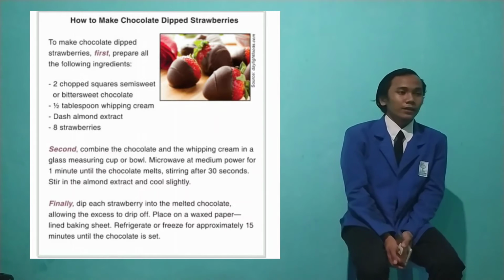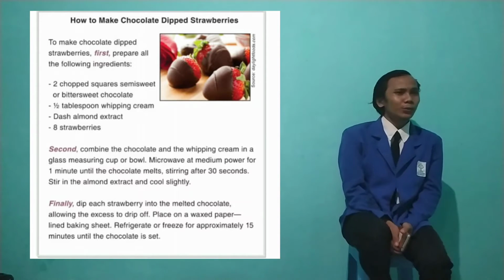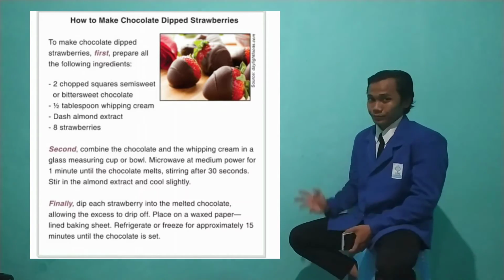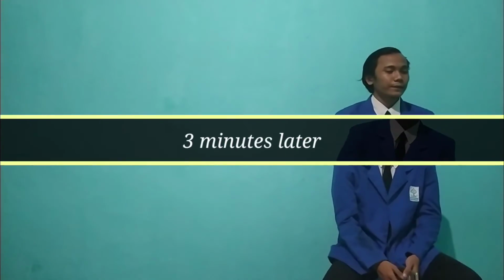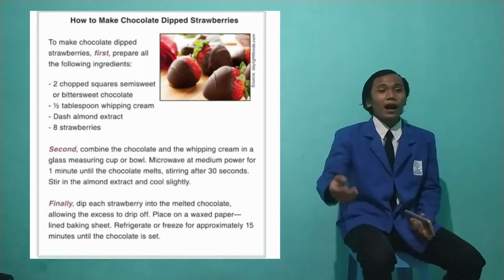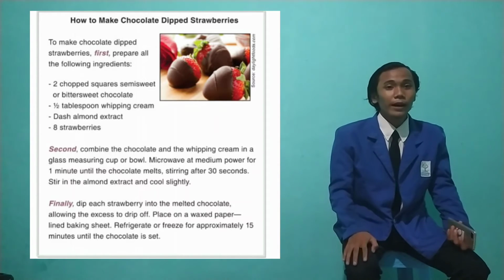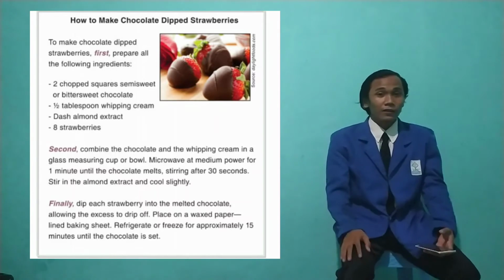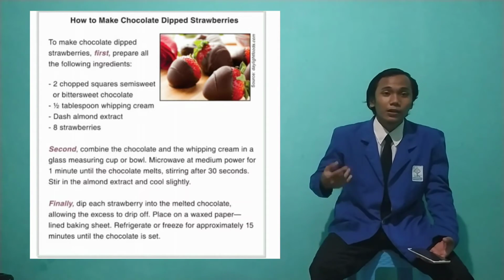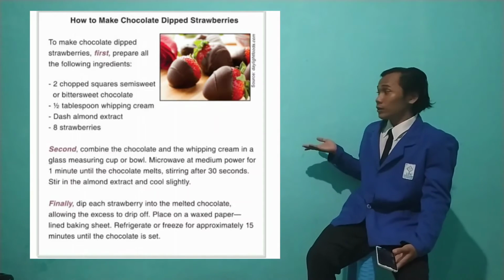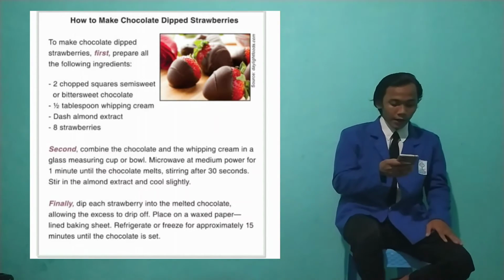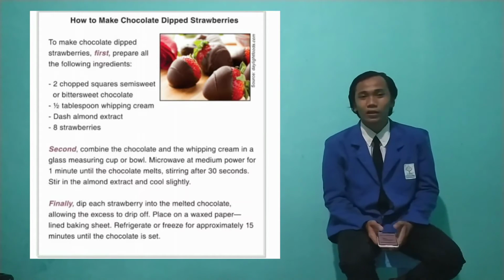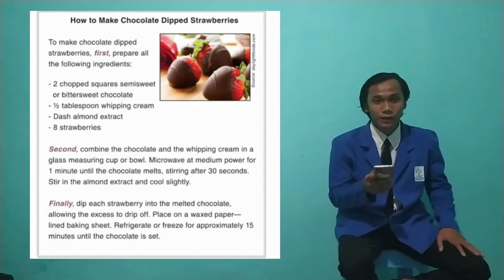So students, I will give you 3 minutes to analyze this example. Then I will ask you one by one the components of this text structure. Dila, can you mention the goal of this procedure text?